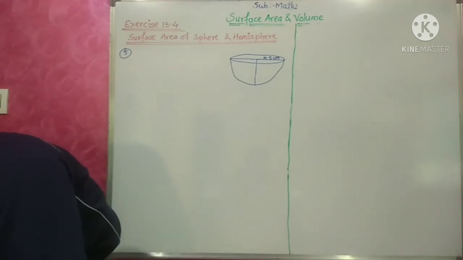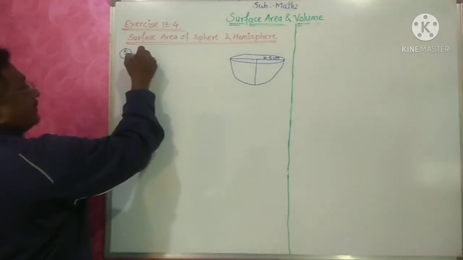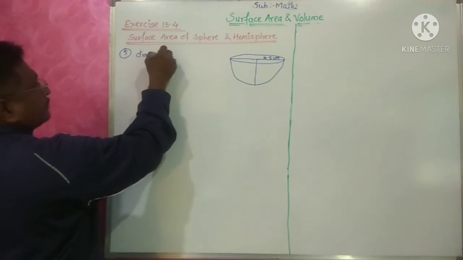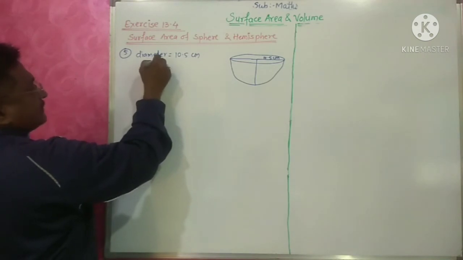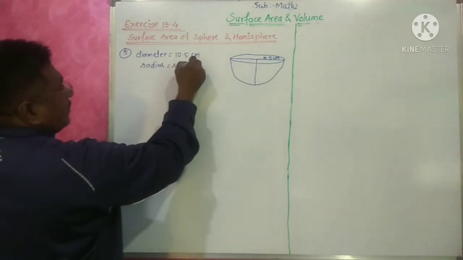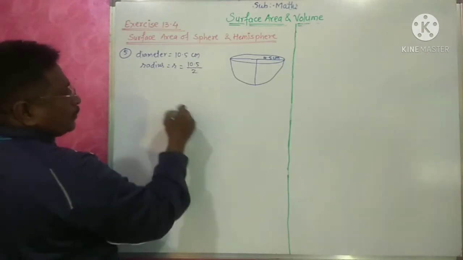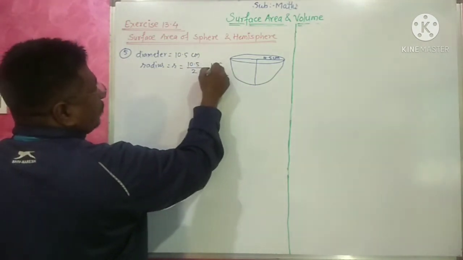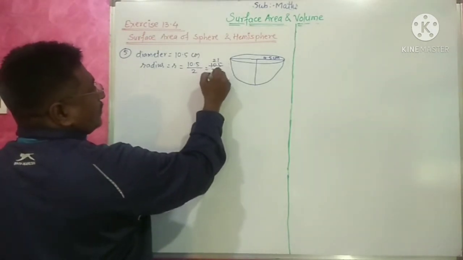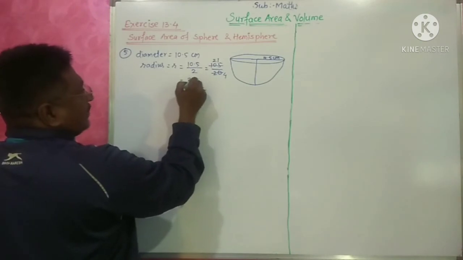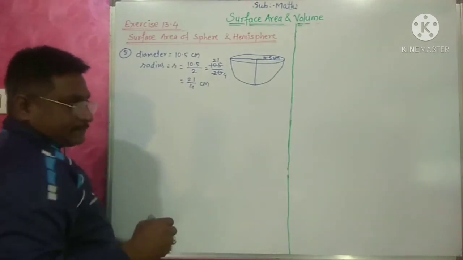Find the cost of tin plating it on the inside at the rate of 16 rupees per 100 centimeter square. So the diameter is given, 10.5 centimeter. So what is the radius? Radius R is 10.5 by 2. So what will we get? 105 by 20. So 5 2s are, 5 1s are, 5 4s are 21 by 4 centimeter.